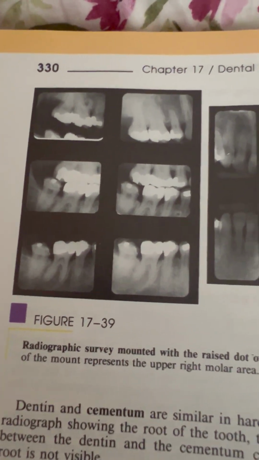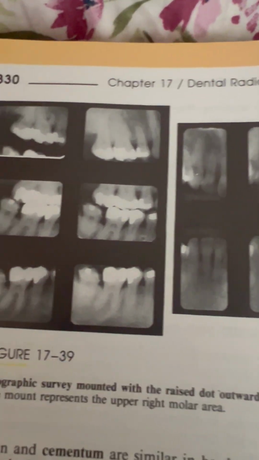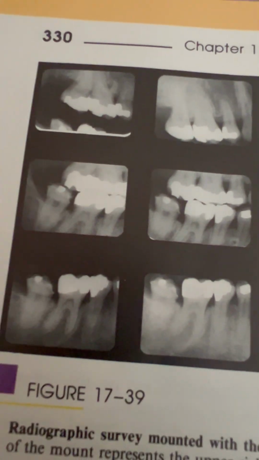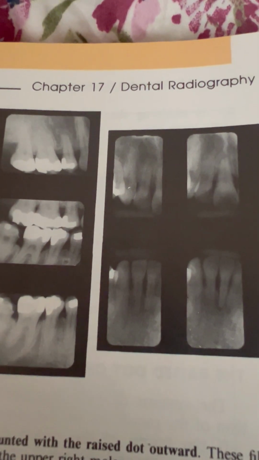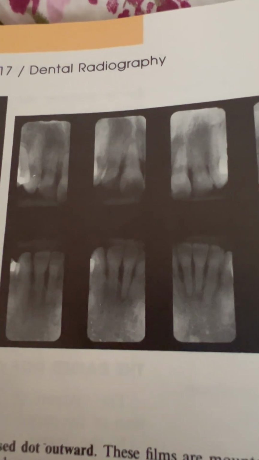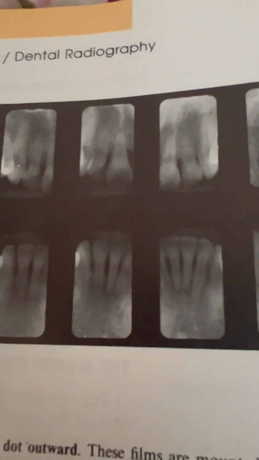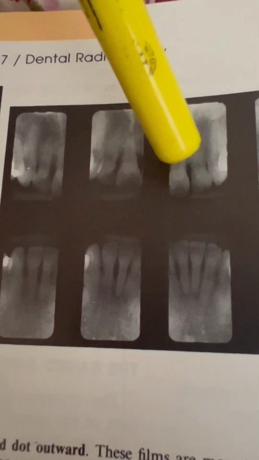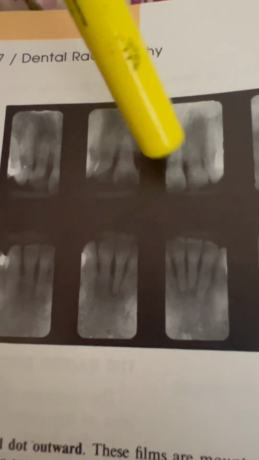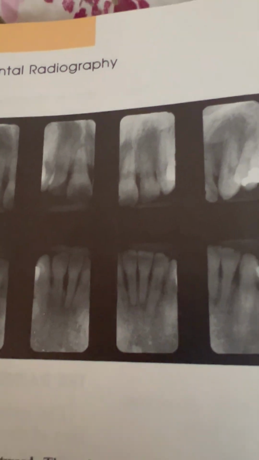And this person has quite a few fillings on all their back teeth or their molars or their grinders. And you'll see the lower teeth, the anteriors. And of course, some people say these are your two big front teeth or your centrals.